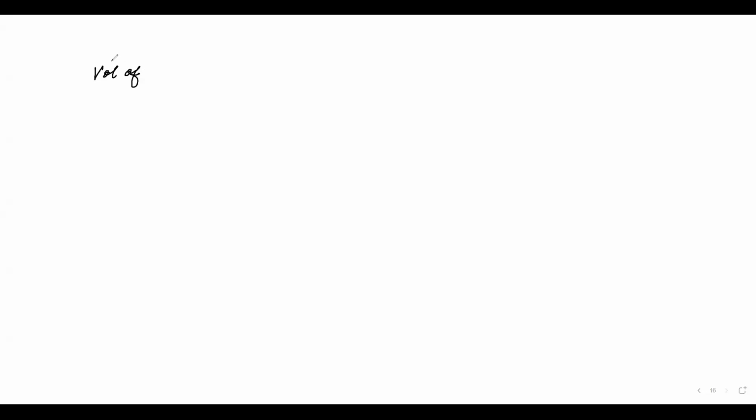So they have given the volume and the concentration of the solution. 5 liter of solution, and the solution concentration is 2 molar. This is small, so this will be molar. Volume of solution is equal to 5 liter, and the density is also given here.